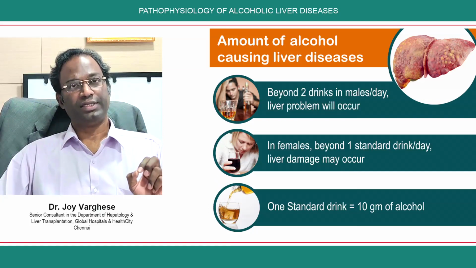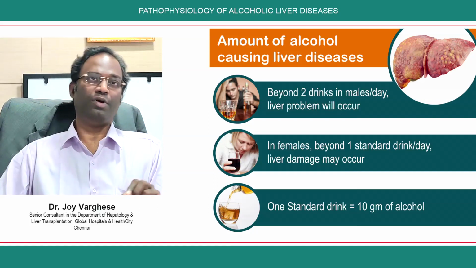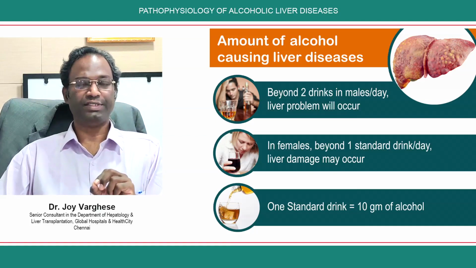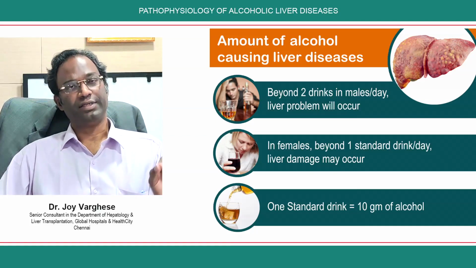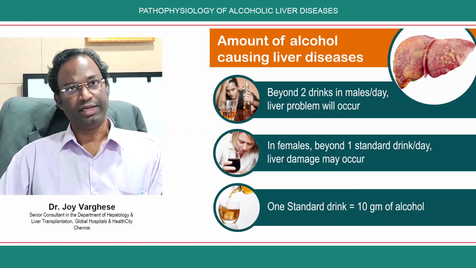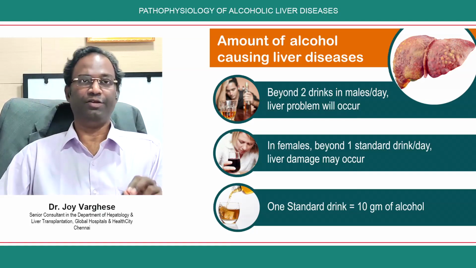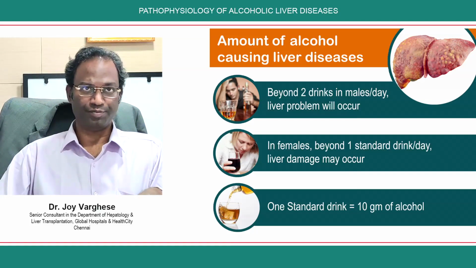If a male consumes more than 20 grams of alcohol per day, it will lead to alcohol-related liver disease. A female who consumes more than 10 grams, or 1 standard drink, will develop alcohol-related liver problems.